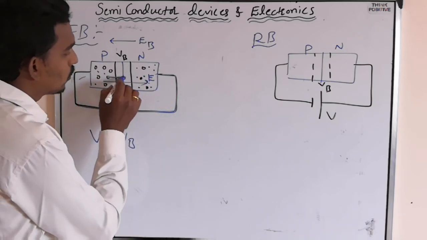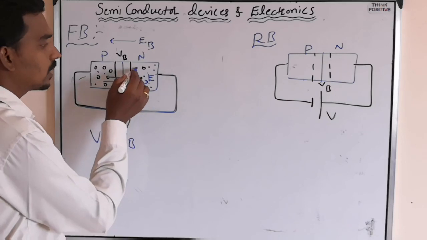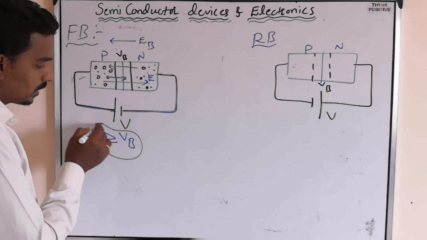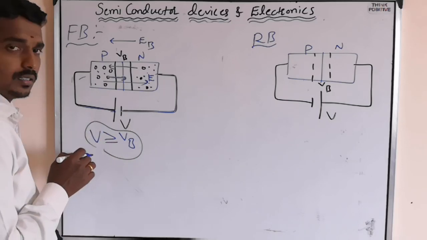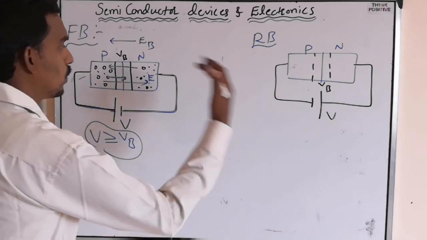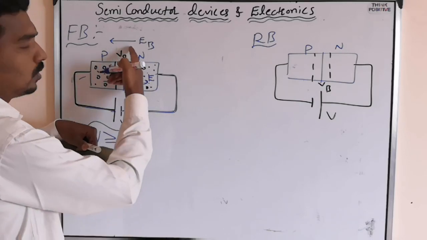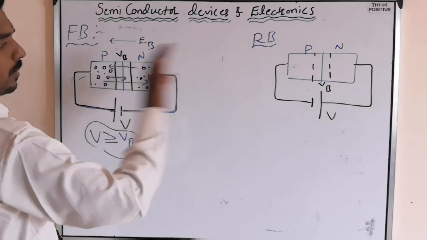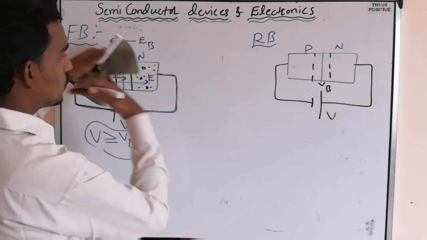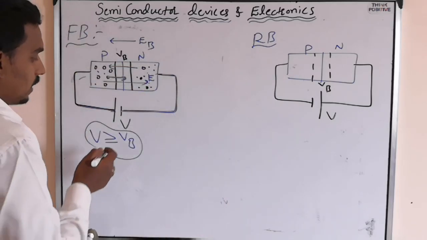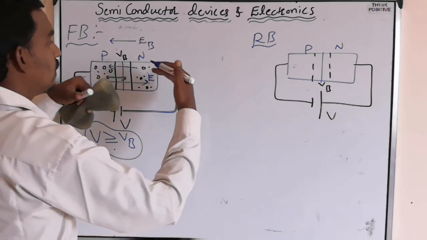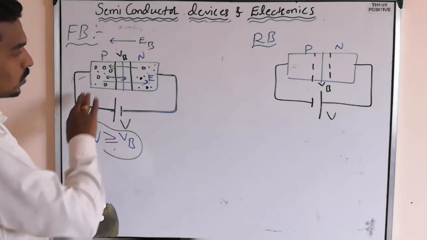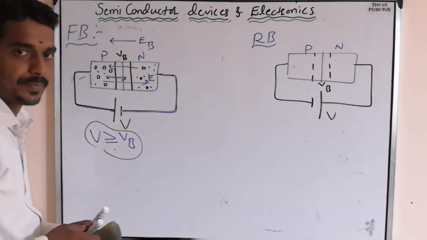So holes try to move this way, electrons try to move this way. But this is possible only when the applied potential is enough, because you are trying to push opposite to the push of the barrier. The barrier is trying to push them like this, but you are pushing them the other way. When this is possible, they will overcome it, and the electron enters this side, so the hole shifts this side.